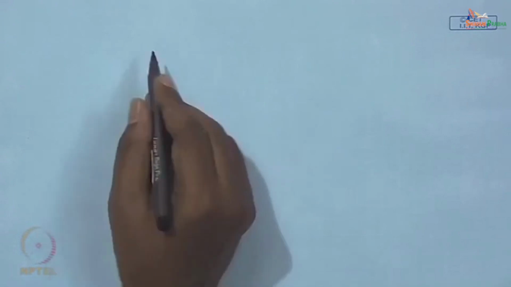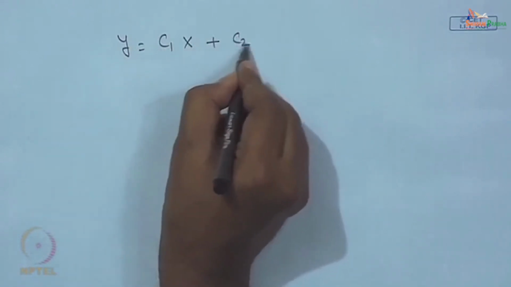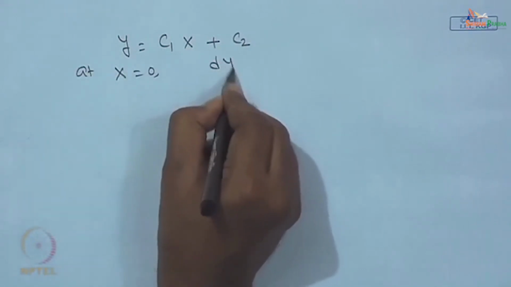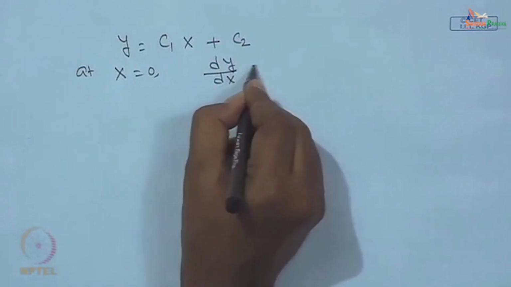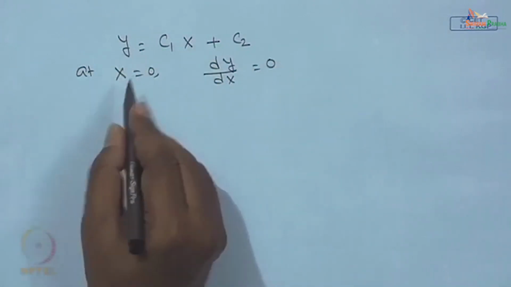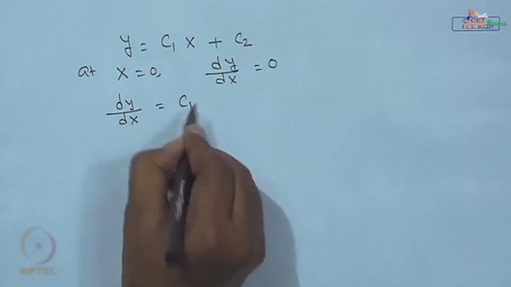Now, if we really do that, what we will be getting is that the solution is c 1 x plus c 2, and at x is equal to 0, dy/dx is equal to 0. So, if we evaluate dy/dx of this equation, what we get is dy/dx is nothing but c 1.